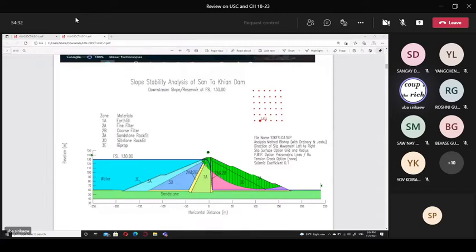So when we study the earth dam, we know that mostly the core material is earth fill, the impermeable zone. You see, 2A and 2B is filter.